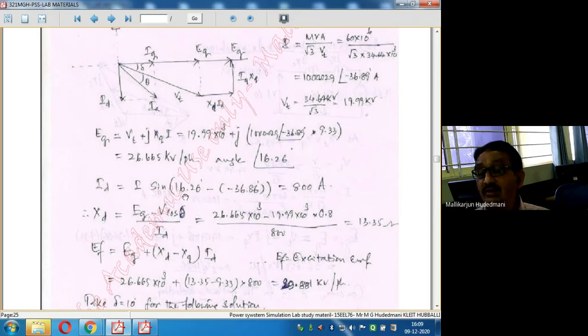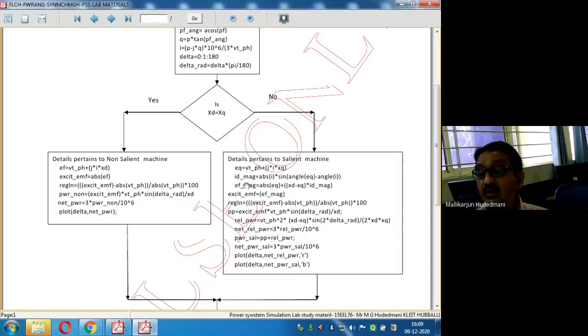If I call this in the MATLAB, it will do this difference, and the sine of that into I gives me ID. ID equal to I sine of angular difference. When I do it, I will be getting ID.